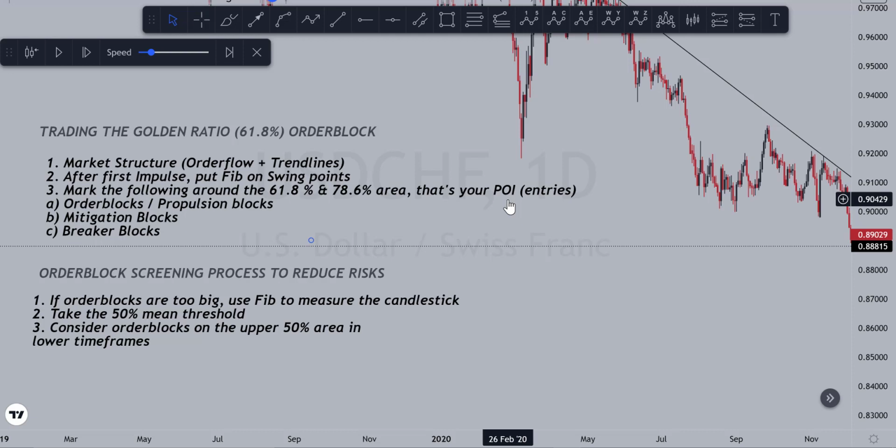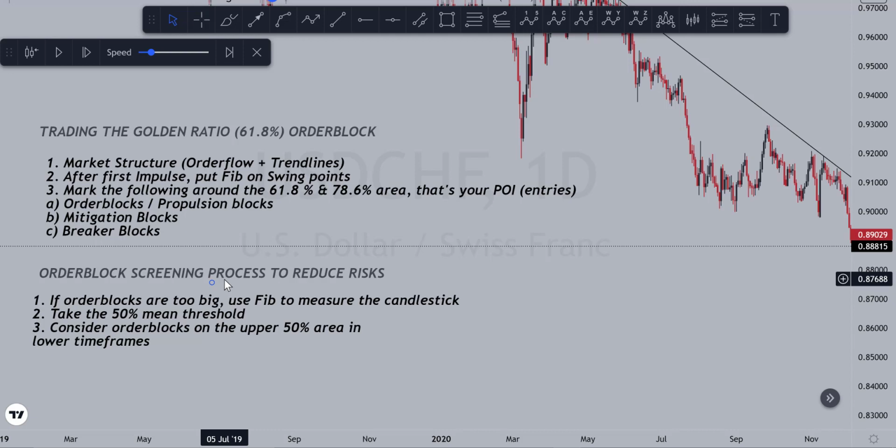And then from there, we are also going to talk about screening order blocks from higher time frames to lower time frames, so that you reduce your risk. If you are trading a small account, the problem you might face is risking 1% when the amount itself is tiny. Maybe you have a $100 account and you're supposed to risk $10, or you have a $10 account and you're supposed to risk $1.